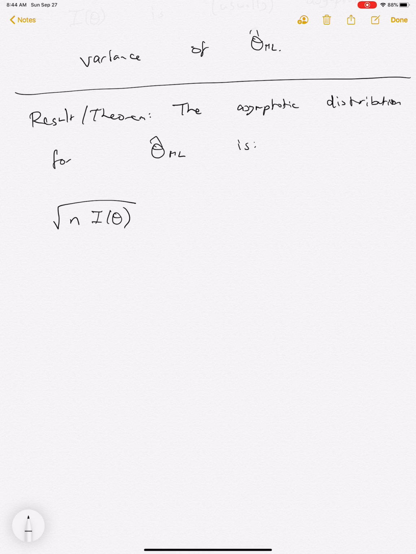So square root of n, and you see this Fisher information come in. You can think of it as a central limit theorem type of result, but we've got this asymptotic mean and variance.